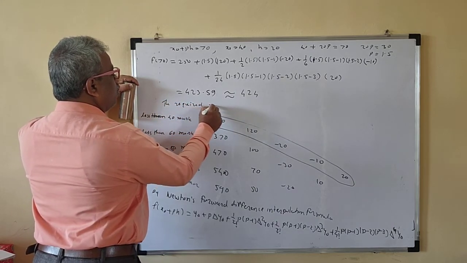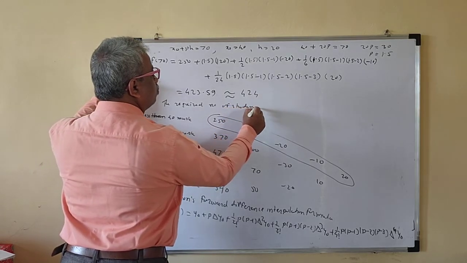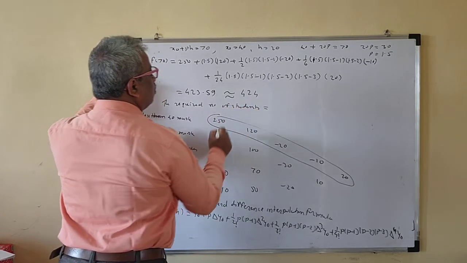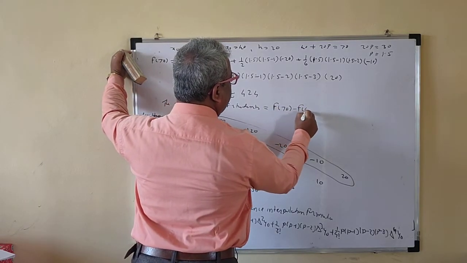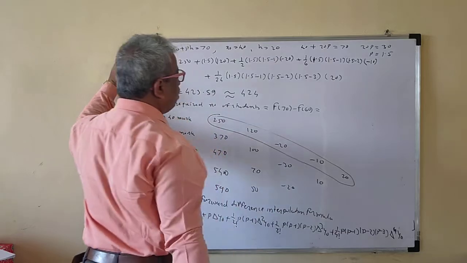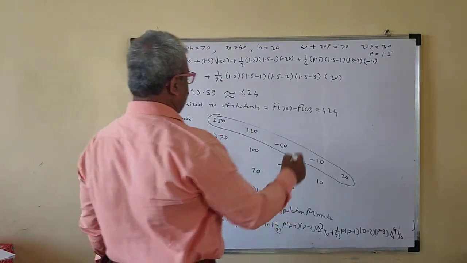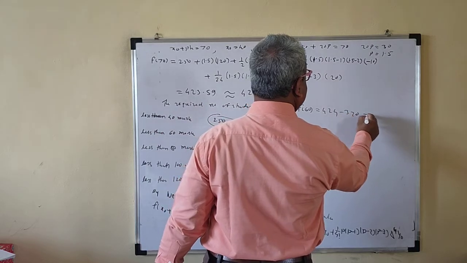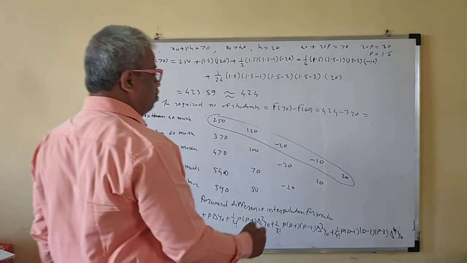Okay, 424. The required number of students is equal to f of 70 minus f of 60. So this is 424, and f of 60 is 370, and this will be 54 now.